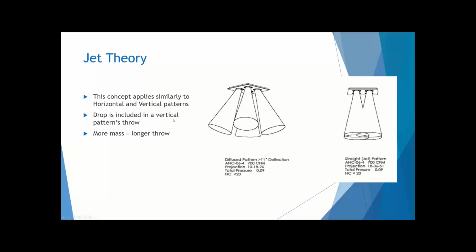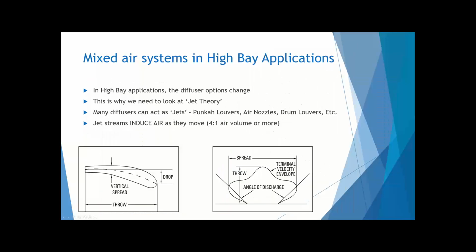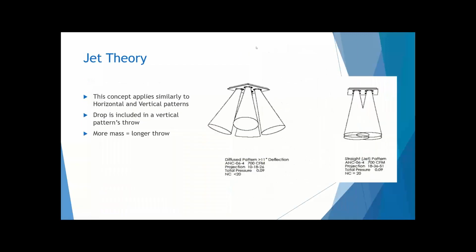So if you switch from a horizontal pattern, as shown here, into a vertical pattern, you're actually just adding that drop to the throw. So let's look at a vertical application then. Projection or throw, as we defined it previously, is a measurement of distance.